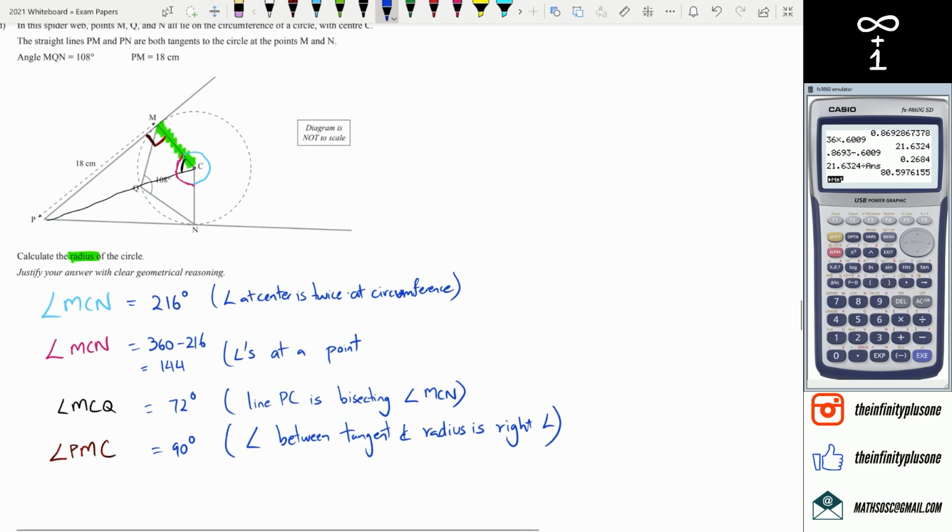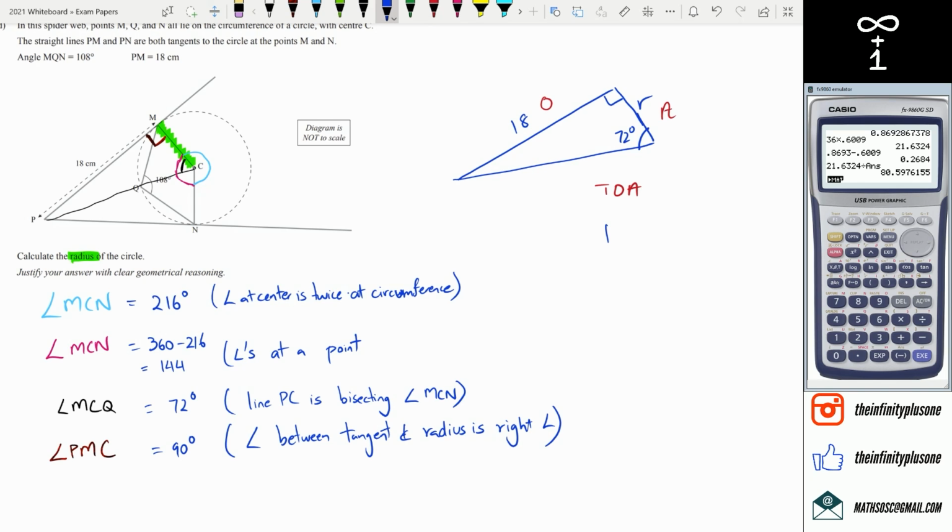Cool, and I think now I've got everything I need because there's my little triangle where that's 18, that's 90, that is 72 degrees. And then this is what I'm looking for, which is the missing side. I'm going to put that as R because it's radius. Then I've got opposite, adjacent. I'm using tan. So tan 72 equals opposite, which is 18, divided by adjacent.